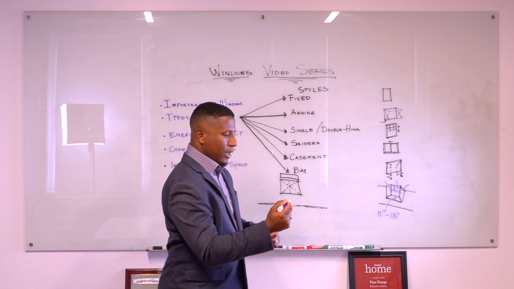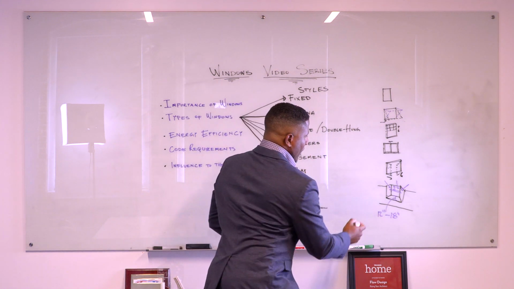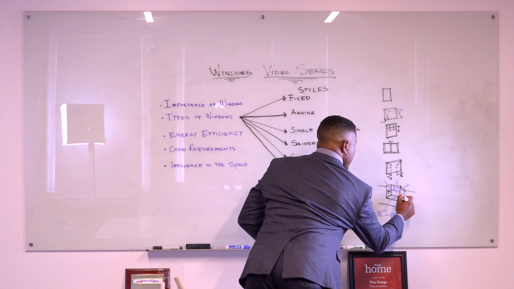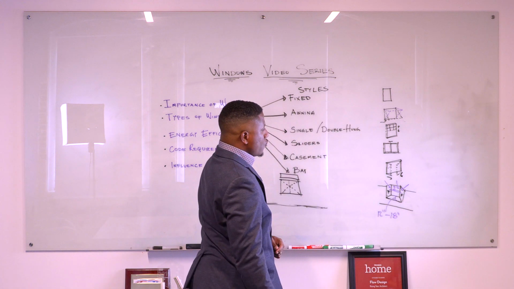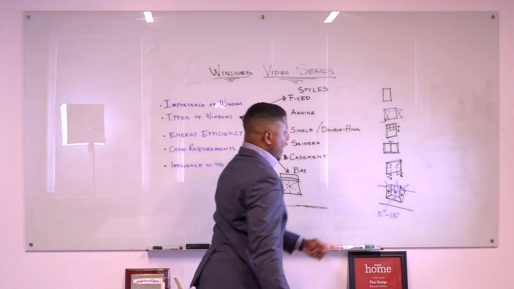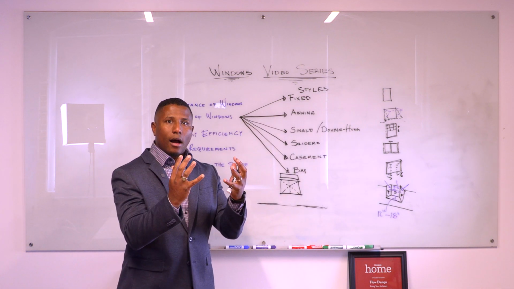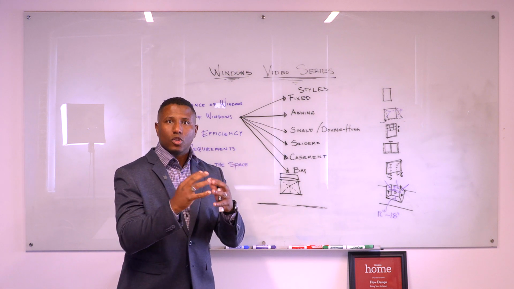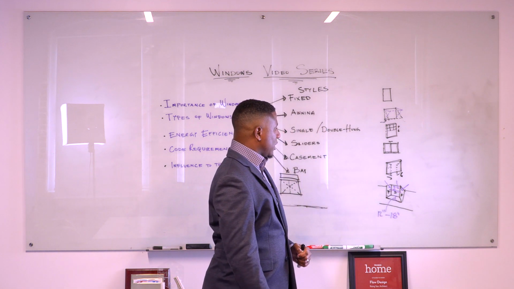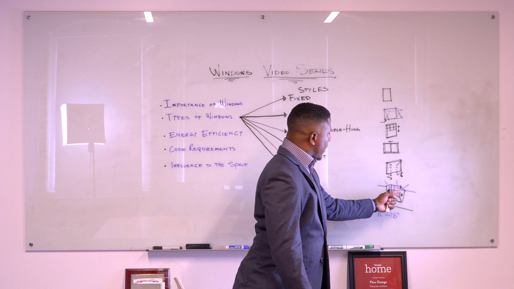What I mean by that is you could have in your bay window a fixed window, and you can have a double hung within that bay window. So it's kind of cool because you could have fixed windows there, or a combination. You can have double hungs on the side and a fixed window.